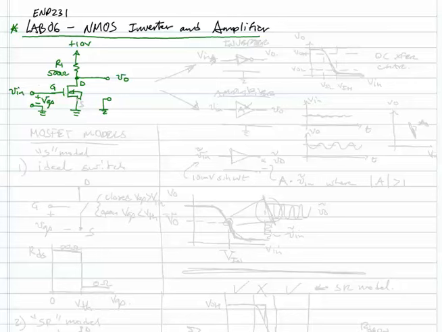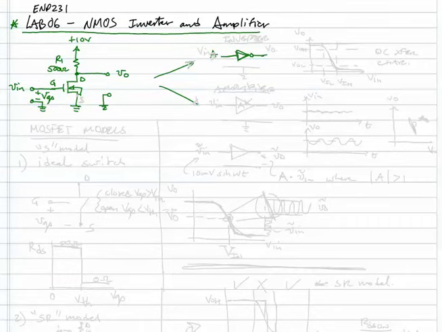Now this circuit can be used as a logic inverter. It's a crude one, not a high performing one, but it would have the basics of a logic inverter. If we call the input V in and the output VO, and make a transfer characteristic of VO versus V in, we can put our limits there of VO high and VO low, and VI low and VI high.